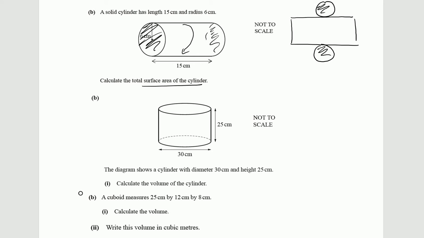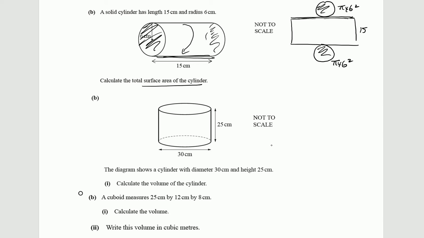So obviously the area of each of the circles is pi r squared, and in this one the radius is 6. So pi times 6 squared would do both of my circles. The height of my rectangle is 15 centimeters. But this length over here is the one we really need to pay attention to.